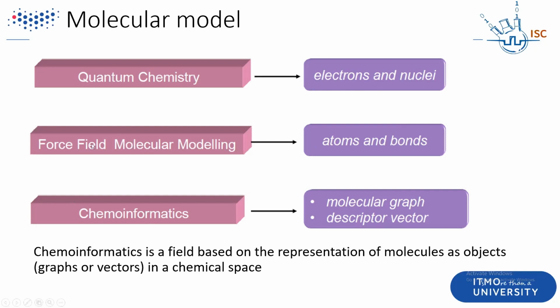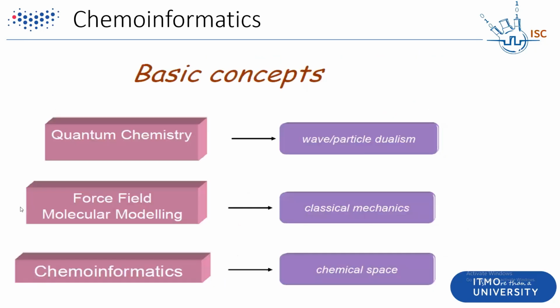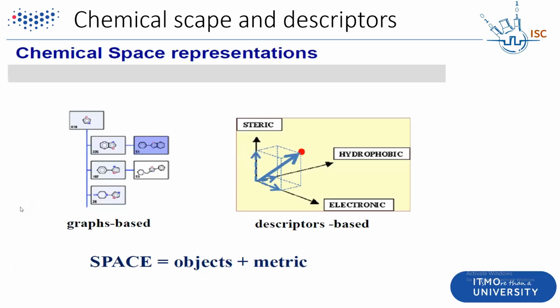So all these techniques have different drawbacks and weaknesses, and one could also combine them to achieve better accuracy. Therefore, chemoinformatics is the field based on the representation of molecules as objects, graphs, and vectors in a chemical space. So what kind of chemical space and descriptors do we have?